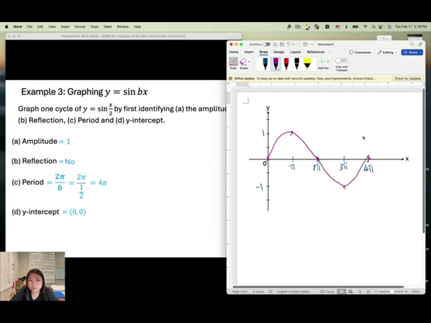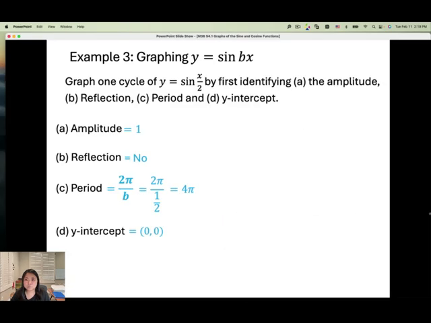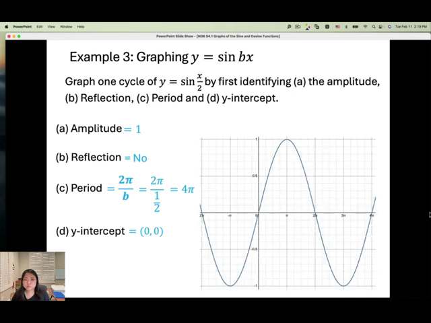So write down the name, y equal to sine x over 2. I just need you guys to graph one cycle for this example. Okay, 4 pi, 2 pi, pi, and 3 pi.